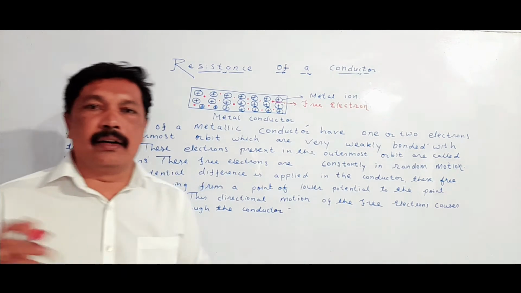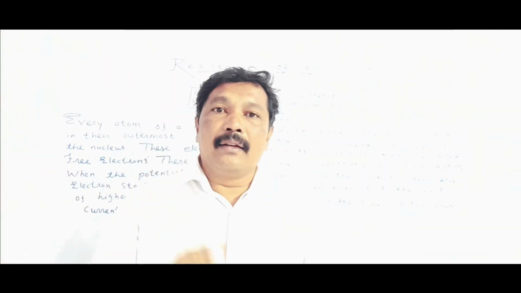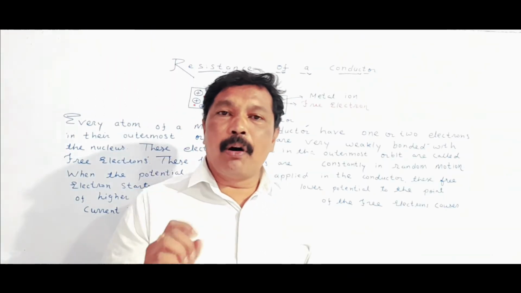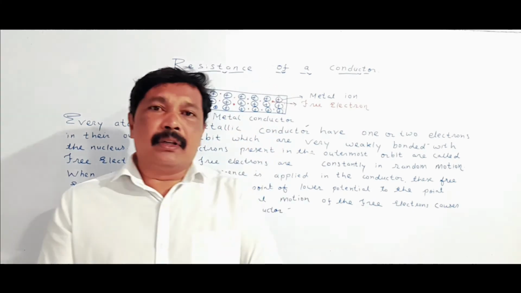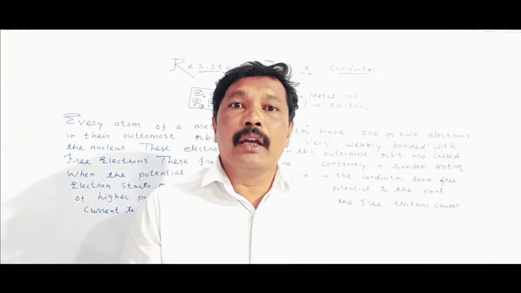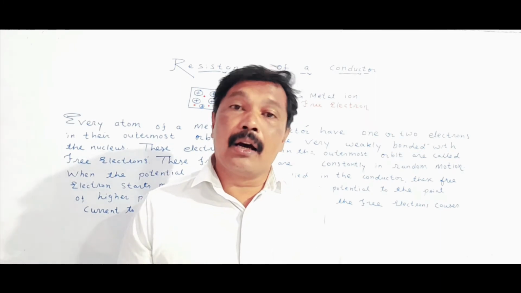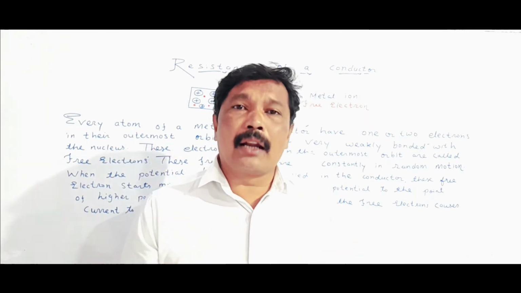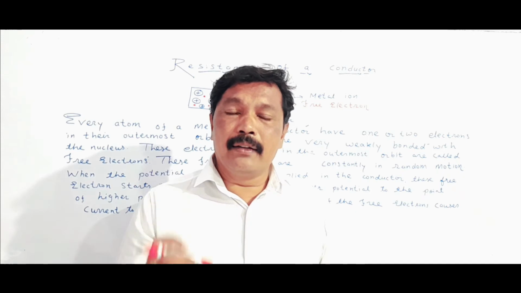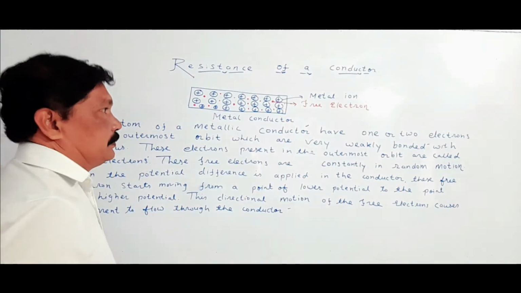My dear student, we all know that a metal conductor is made up of atoms. Every atom has one or two electrons present in their outermost orbit, which are loosely bonded with the nucleus.